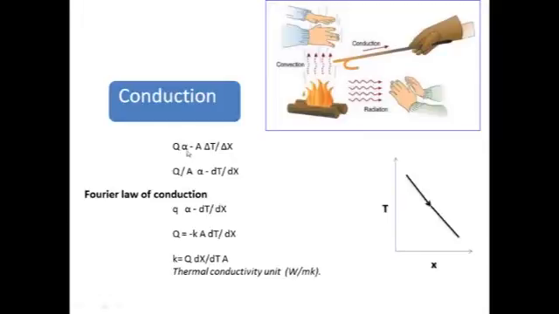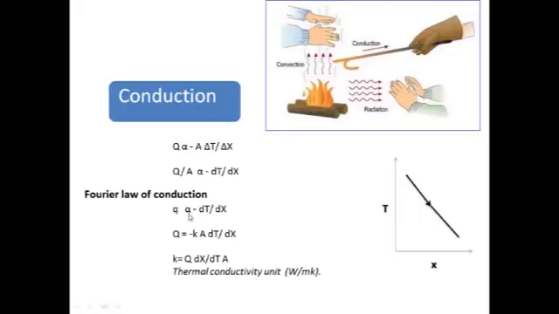I can reduce this to Q by A is directly proportional to minus dT by dx. In the limiting case where delta x tends to 0, delta T by delta x becomes dT by dx. This Q by A, rate of heat transfer per unit area, is known as heat flux and is denoted by small q.